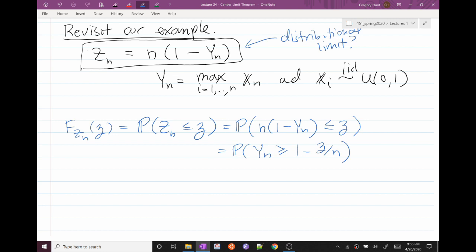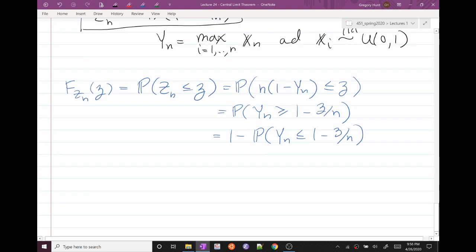We can rewrite this as 1 minus the probability that y sub n is less than or equal to 1 minus z over n. Why do we want to do that? Well, y sub n is the maximum, and so as we saw before, this is 1 minus the product of the probabilities that each of the x sub i is less than or equal to that value.